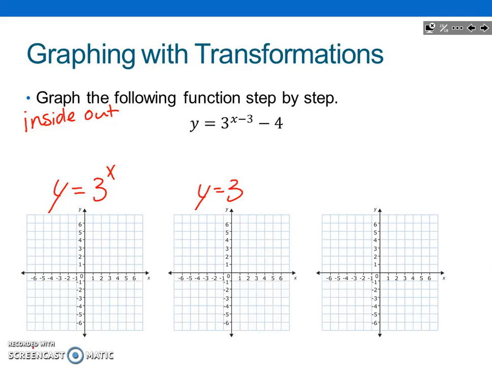So my next shift is going to be y equals 3 to the x minus 3. And then finally, I'm going to deal with that last outside one, 3 to the x minus 3 minus 4. Okay? So we've graphed y equals 3 to the x as a parent function enough. I'm not going to draw the table. I've got 0, 1, 1, 3, negative 1, 1/3. Do not forget your asymptote.